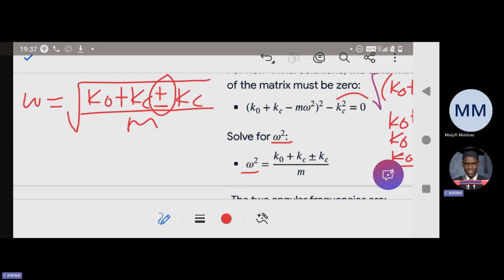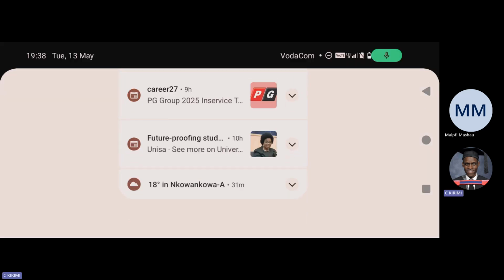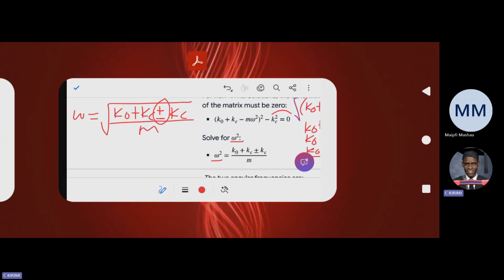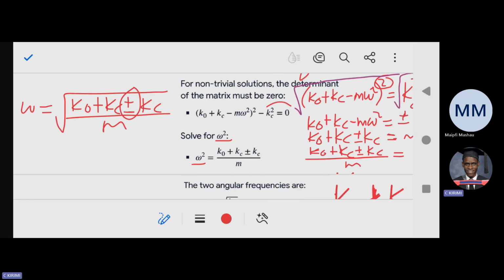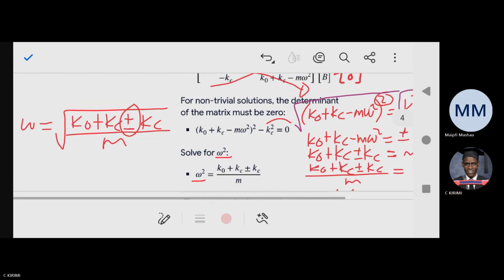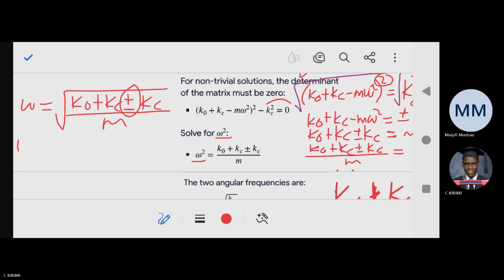The 2 roots are going to come. So, let's continue. Which means if I want the first root, I'm going to say omega 1 is equal to the square root.